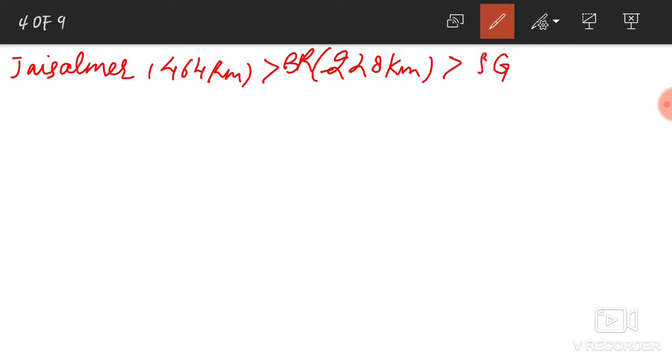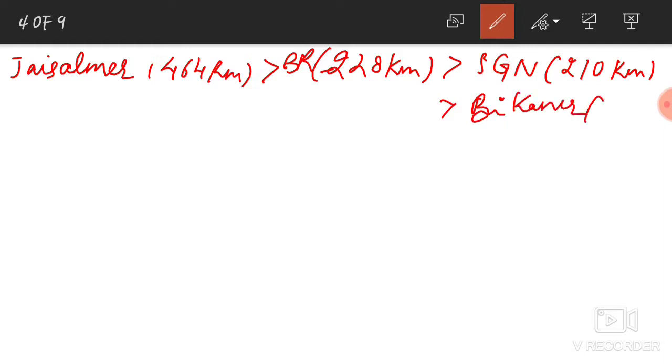Sri Ganganagar, 210 kilometers, and Bikaner shares the minimum border with Pakistan. It is only 168 kilometers. So these are the districts that share their boundary with Pakistan.